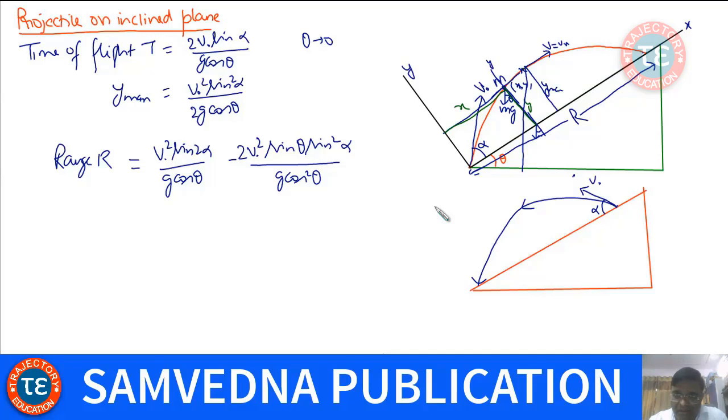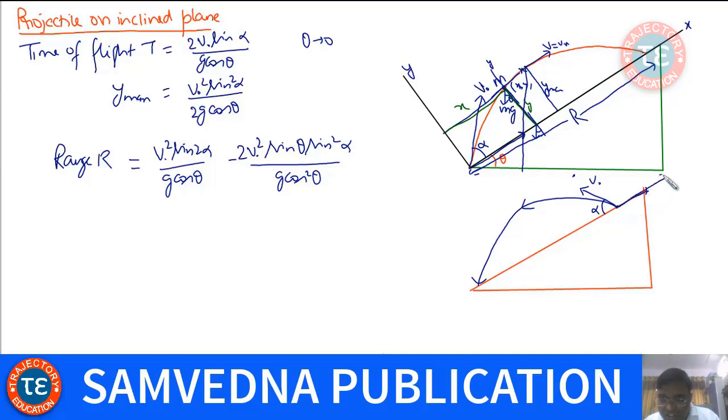See, here there is a slight mathematical manipulation. We took alpha, the angle of projection, with respect to the positive x-axis. Here I used this coordinate system: x-axis up the incline, y-axis perpendicular to the incline.